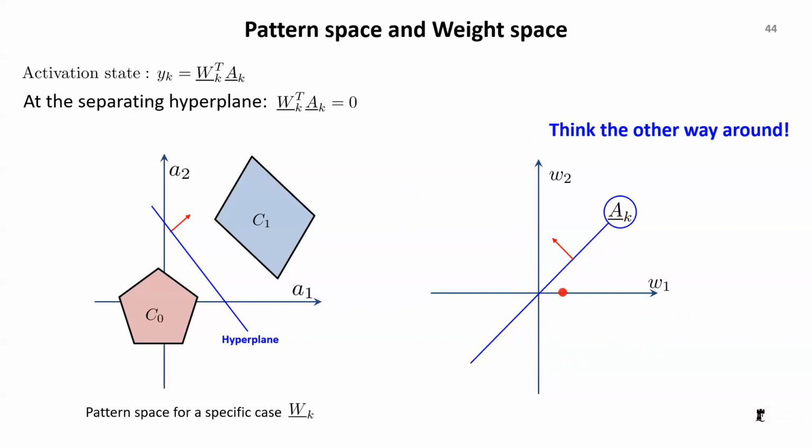Now you can draw for a specific line for specific input points. If previously the normal vector of the hyperplane is the weight, in the weight space, the normal vector is the point itself.